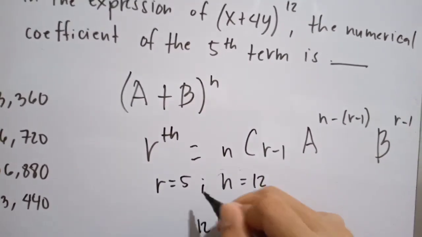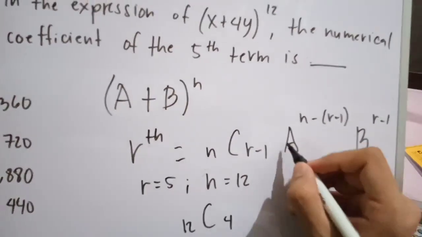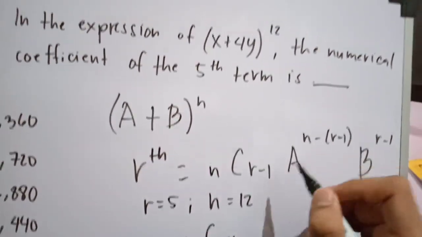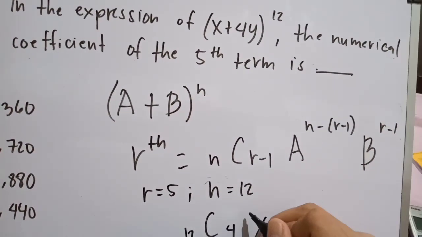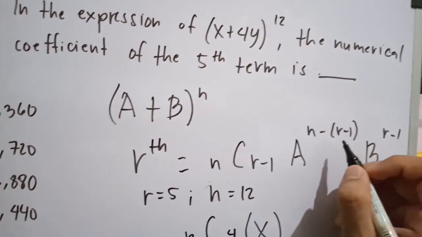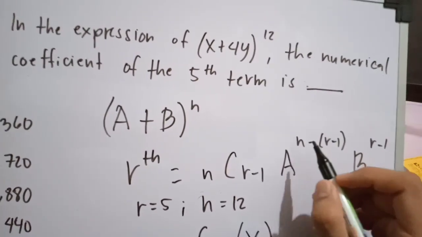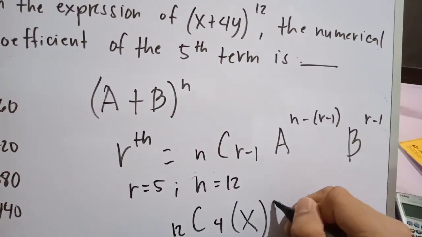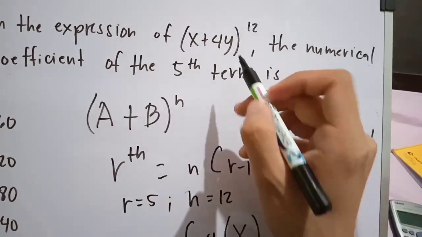Tapos yung r minus 1 natin ay 5 minus 1, 4. Times yung first term natin, which is x, raised to n minus r minus 1. Ano ba ang r minus 1? Diba 4? Tapos yung n natin ay 12. So 12 minus 4 ay 8. Tapos yung b ay second term natin, which is 4y.